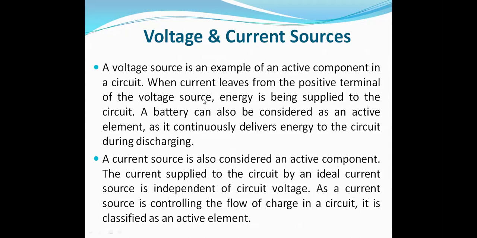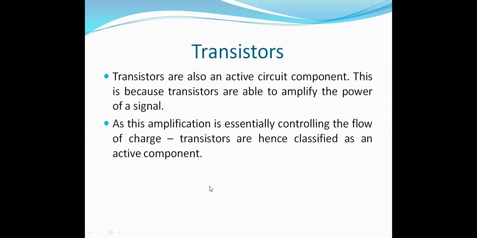The voltage source can be represented as a battery, and the current source can come under a transistor. Why? Because some of the transistors can be voltage controlled type, and some can be current controlled type. By using the transistor, they can amplify the signal taken from the energy source, and it can be given to the circuit to amplify the signal or to perform certain actions.